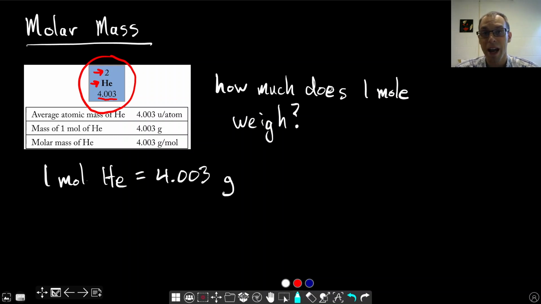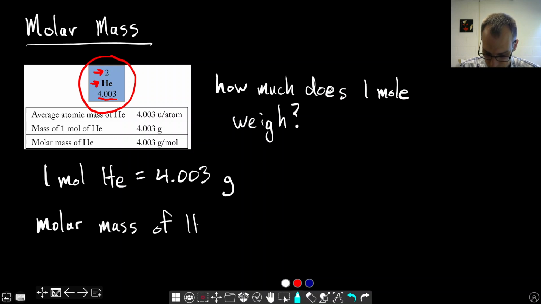And the same is true for any element we choose in the periodic table. So we look at that average atomic mass, and that is also equal to how many grams is in 1 mole of that substance. So another way we often write this and say the molar mass of helium is 4.003 grams per 1 mole.